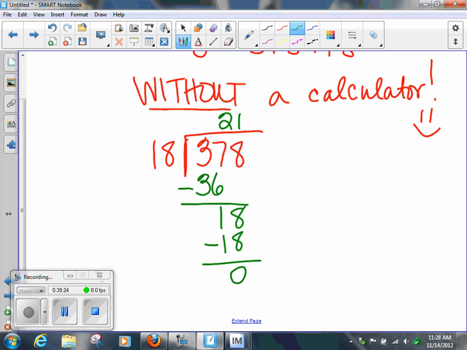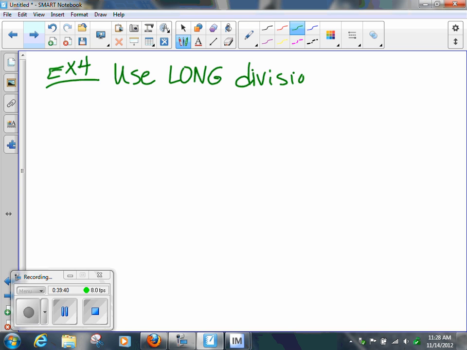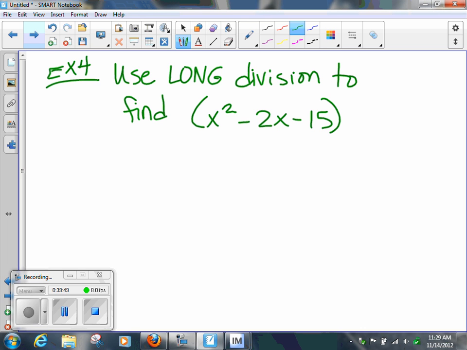We're going to do this very same thing with this. Here we go. We're going to use long division to find x squared minus 2x minus 15 divided by the quantity x minus 5.